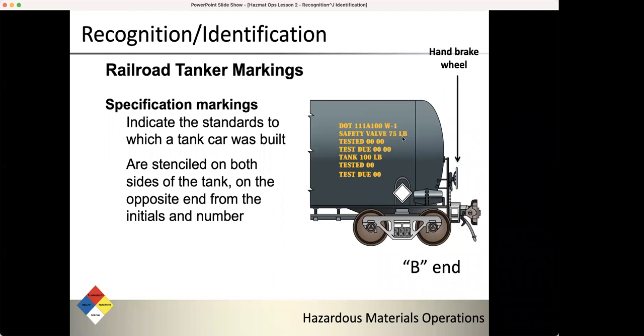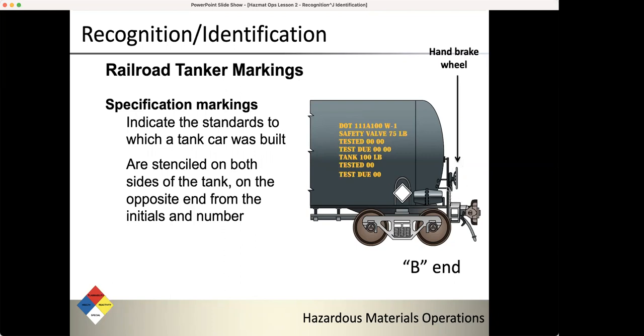So if that is venting, then you know it's either malfunctioning or it's functioning purposefully, and for some reason the pressure inside this rail car is higher than it's supposed to be. For example, the tank is built to withstand 100 PSI, but the PRV opens at 75. It tells you when the tank and the safety valve were tested, and when they're due to be tested again.